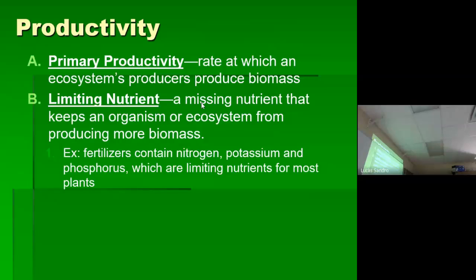Because they work great. They increase growth rates of most plants. Problem again is when large flat farm fields get saturated with nitrogen, phosphorus, and potassium, and then it rains, a lot of that nitrogen, phosphorus, and potassium gets carried into bodies of water, and the vegetation in bodies of water works differently in many ways than on land, but one of the ways it's the same is they need the same limiting nutrients typically.